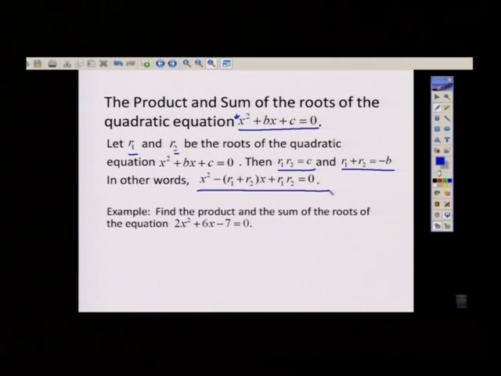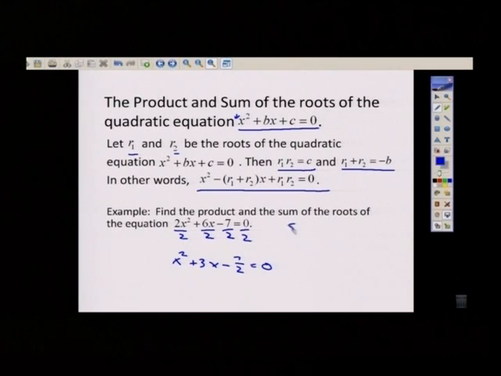So in this example, if they just want you to find the product and the sum of the roots of this equation, first thing I need to do is make it an x squared, not a 2x squared. So x squared plus 3x minus, obviously that's 7/2 or 3.5, whatever you'd like.